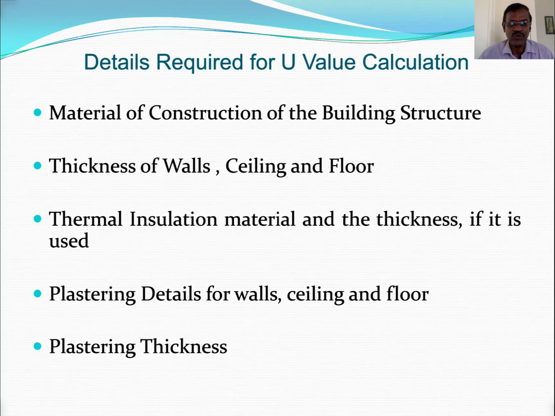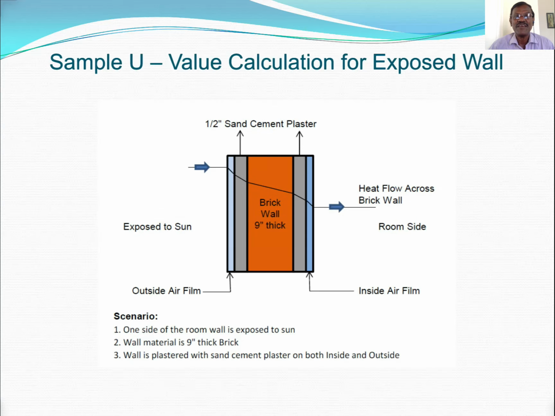Now we will see sample calculations. Here I am going to talk about exposed wall, partition wall, RCC roof and floor. Now for the sample calculation, for the construction of the exposed wall, I have made a simple arrangement: a 9-inch thick brick wall, plastered on both sides with 1/2 inch sand cement plaster.